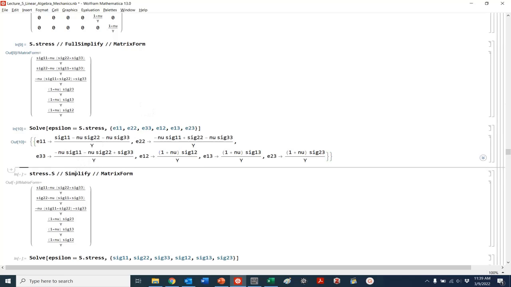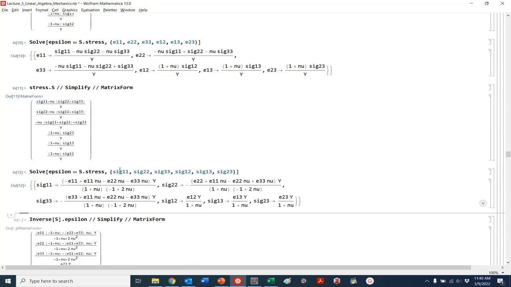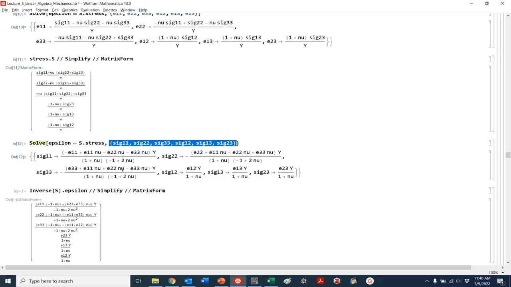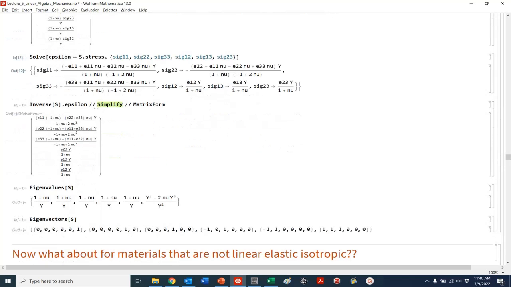You'll notice that here it really doesn't matter the order in which we do that. We can also use this equation and solve for my stresses as well, and you can see that the relationships are the same here. So I could do inverse S dot epsilon, and I could recover again these relationships. This is the key concept here: we can rewrite those expressions as linear algebra relationships. Very, very useful.